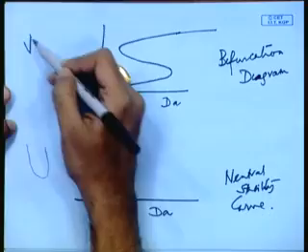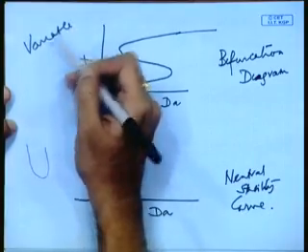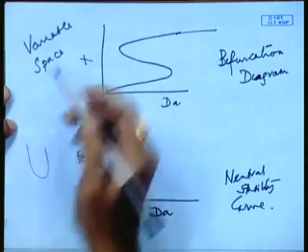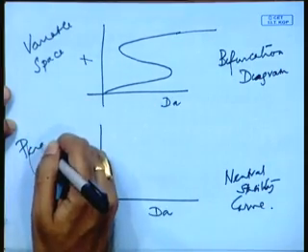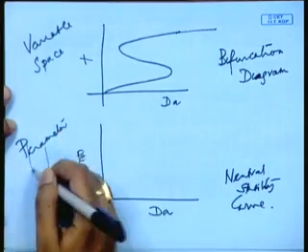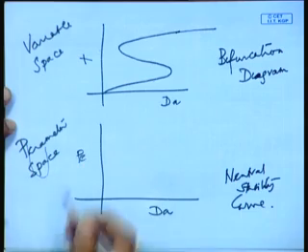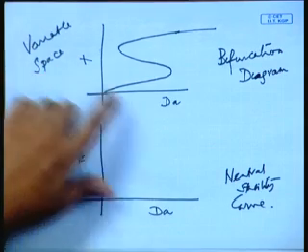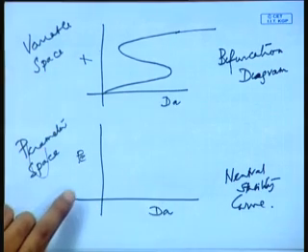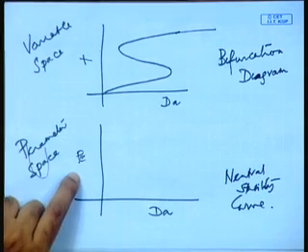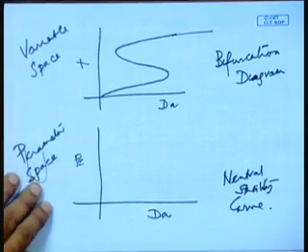So, this is the variable space, and this is drawn in the parameter space. Variable space means one variable versus a parameter. This is in the parameter space, which means two parameters. And then there is another kind of plot where you have two variables and you draw one variable versus another.